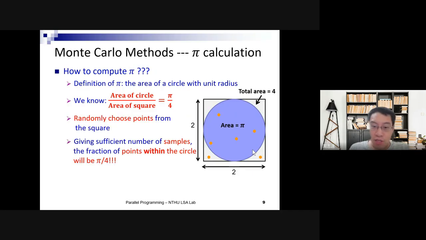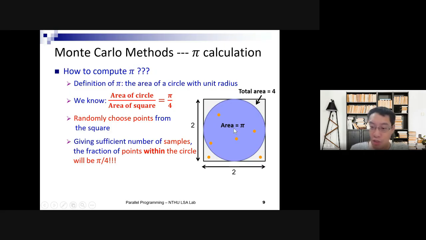So what we could do is repeatedly generate random sampling coordinates, and check by definition whether each coordinate falls into the circle. If it falls into the circle, the distance from the coordinate to the center must be smaller than 1.